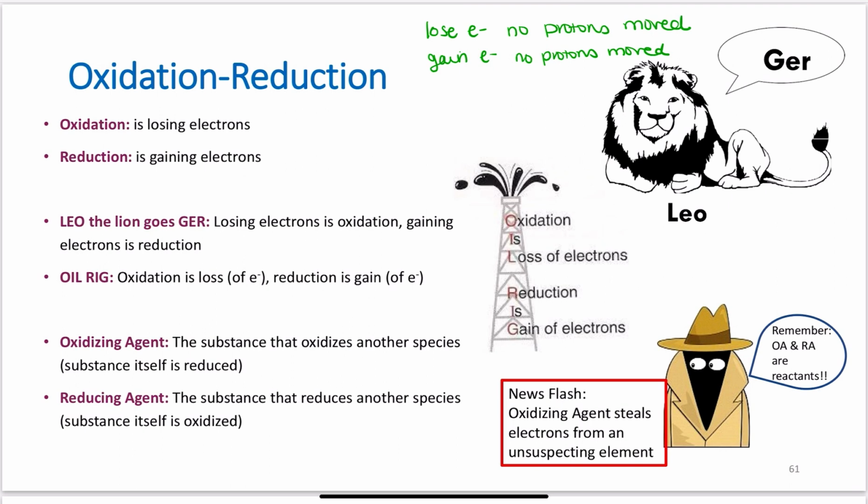The two ways you can remember which is which, the two mnemonics I can offer, are Leo the lion goes grr and OIL RIG. Pick which one makes the most sense to your brain.